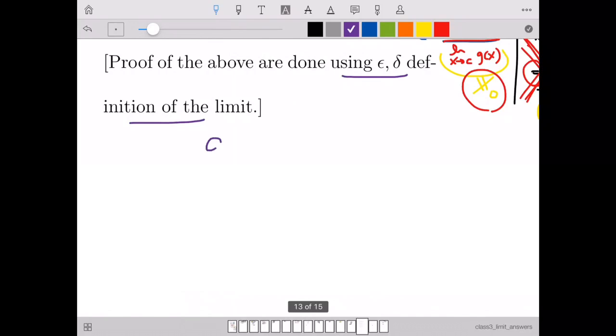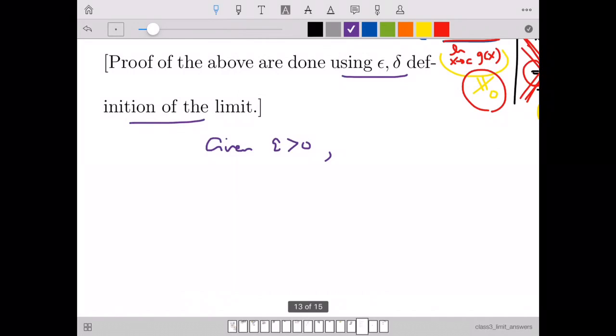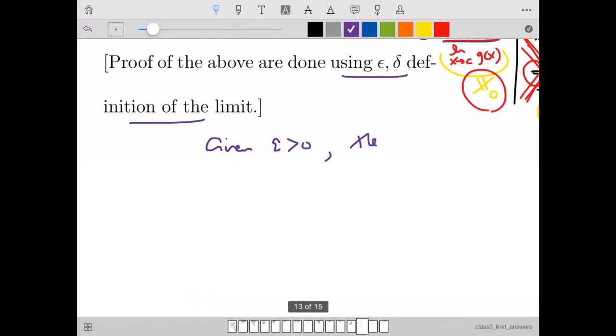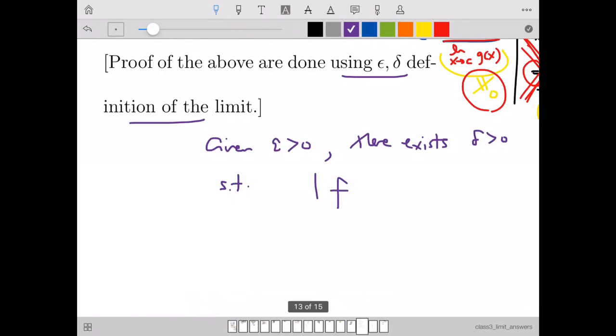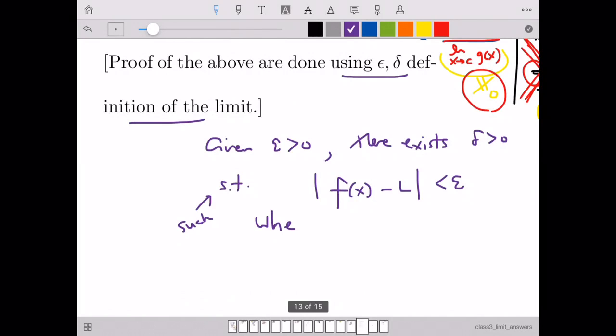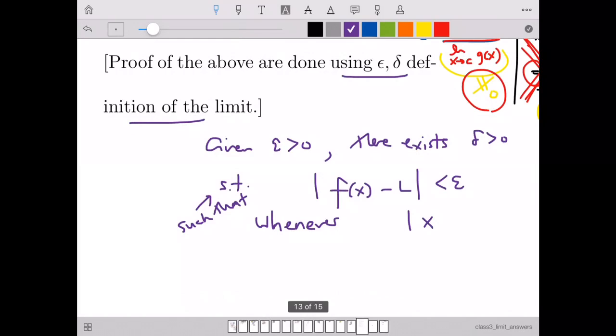If you remember, given a desired error, given a positive epsilon, we were able to find a positive delta such that I can make my actual output and ideal output differ by less than epsilon whenever I make my input close by delta, bigger than 0, because we can never have the ideal input.